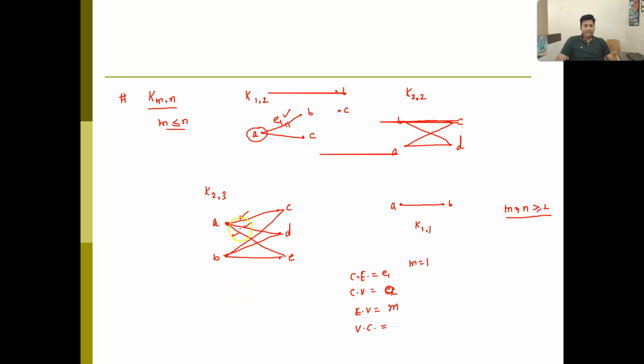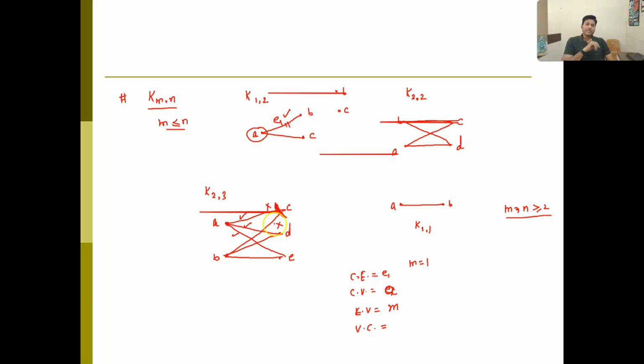But at the same time, in place of 3, if I remove these two edges, C becomes disconnected from the graph. That means in K23, by removing 3 edges, the graph becomes disconnected.